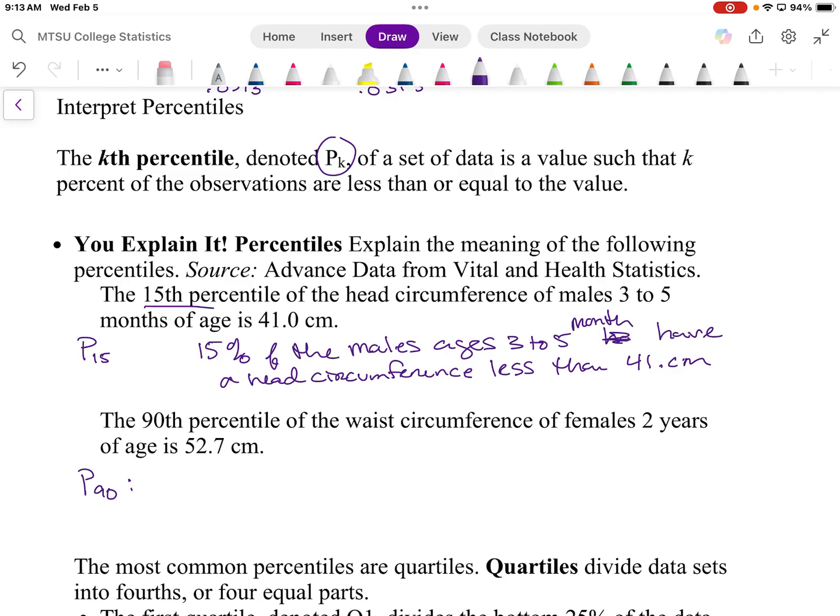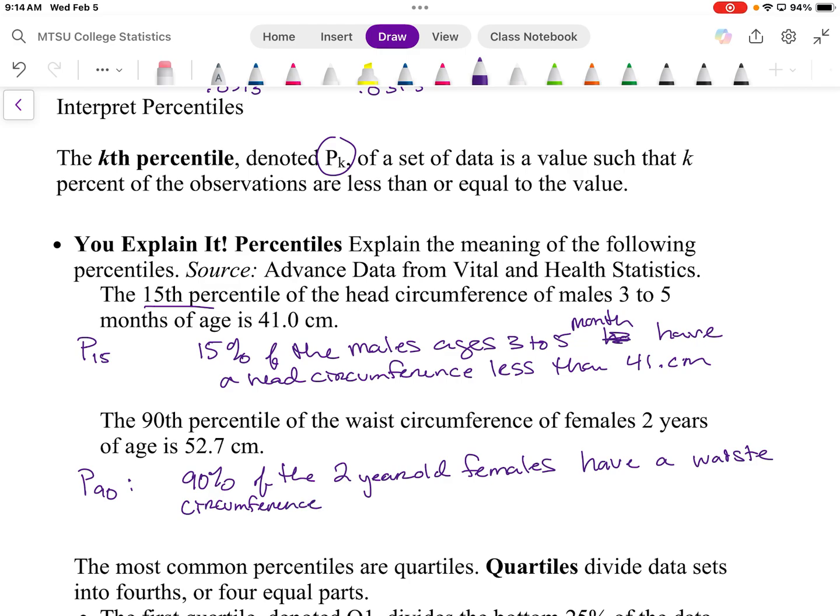Just explaining that: 90% of the 2-year-old females have a waist circumference less than 52.7 centimeters.